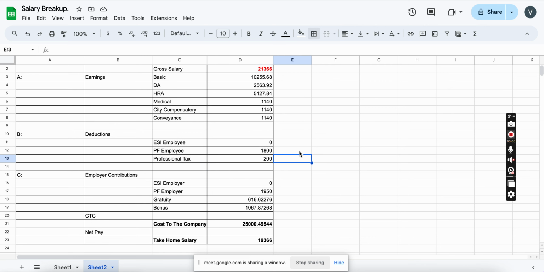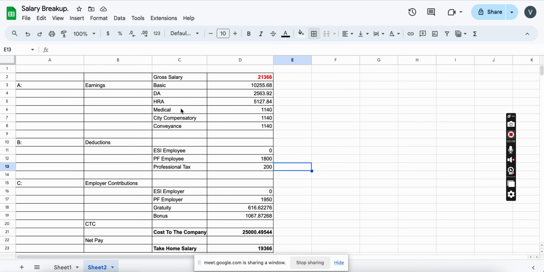Now Kiran, hope you understood the entire breakup. Yes, sure. Suppose you have to prepare the salary breakup where the employee says I don't want PF, because sometimes an employee who is coming to a professional setup for the first time, especially freshers, may say that I don't want to contribute PF.